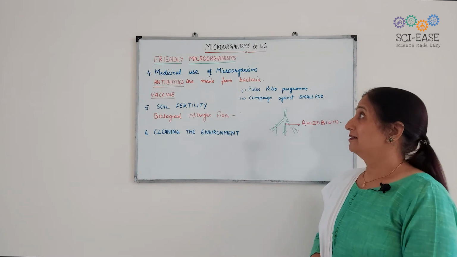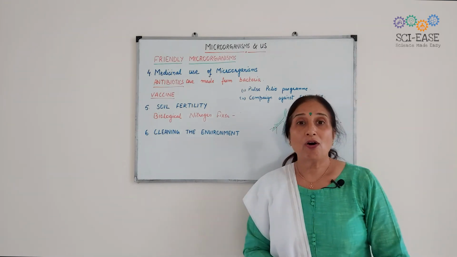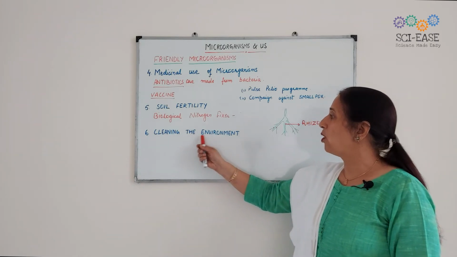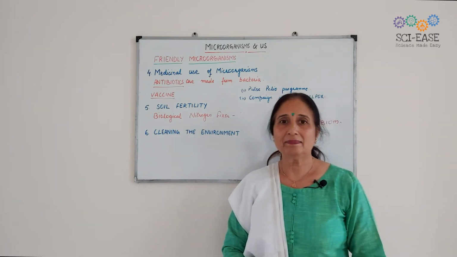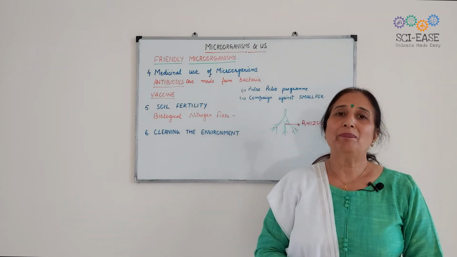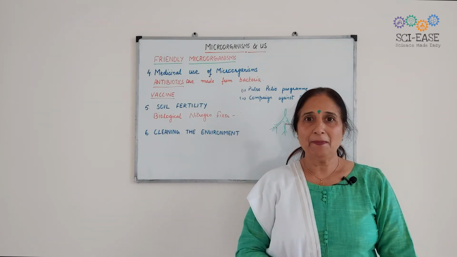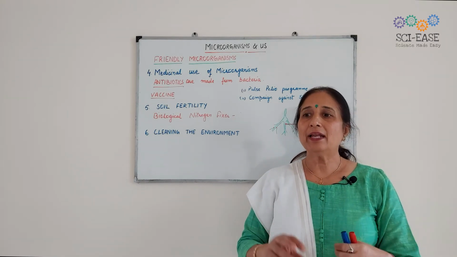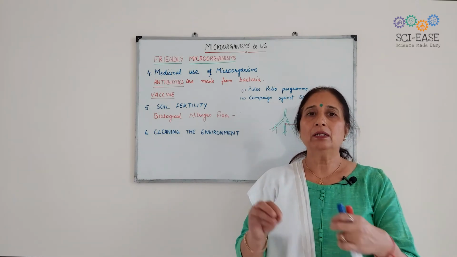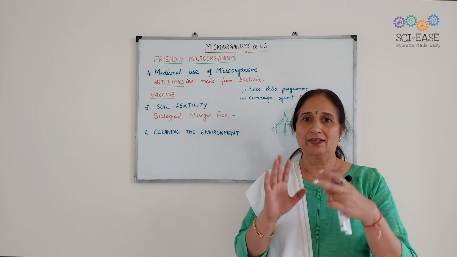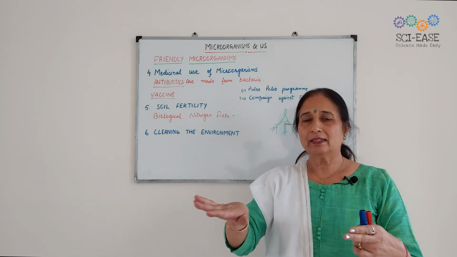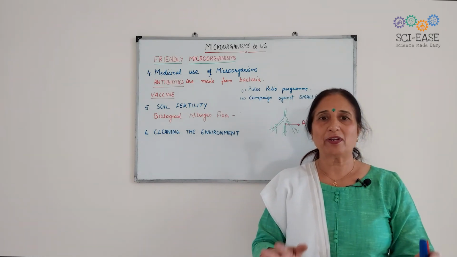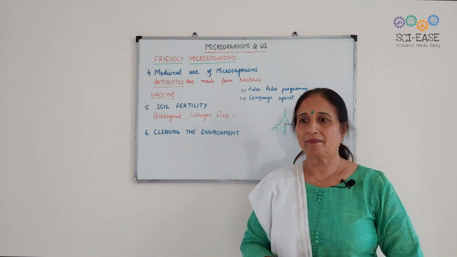Now the last use of microorganisms, that is the cleaning of the environment. For this, we will perform an activity. You dig a pit, put vegetable or fruit waste in it, and cover it with hay, so that anaerobic respiration will take place.